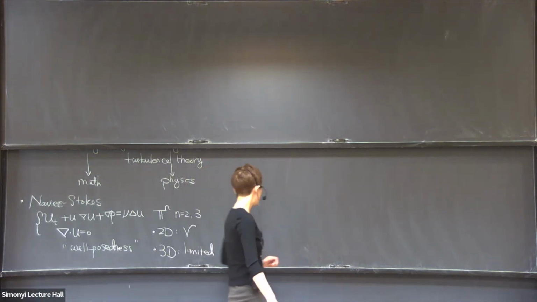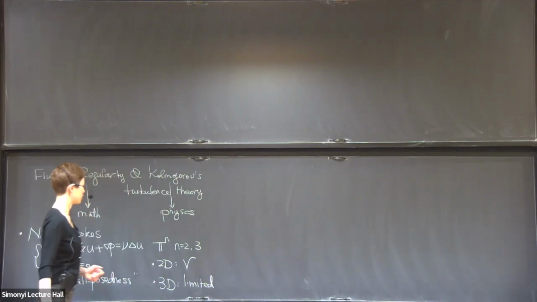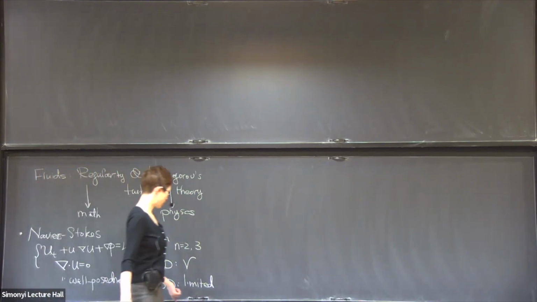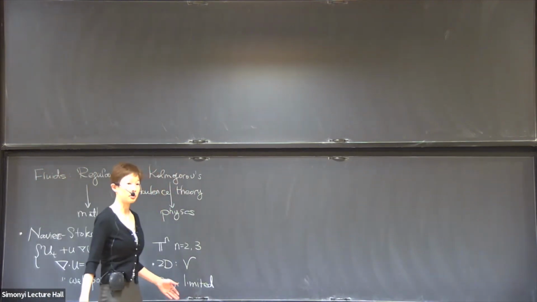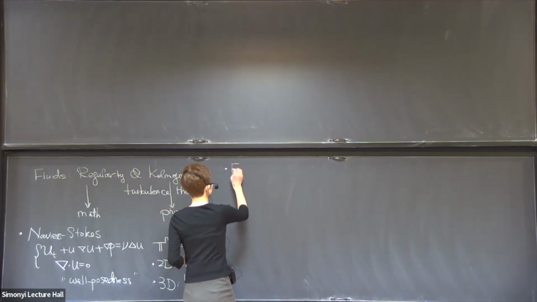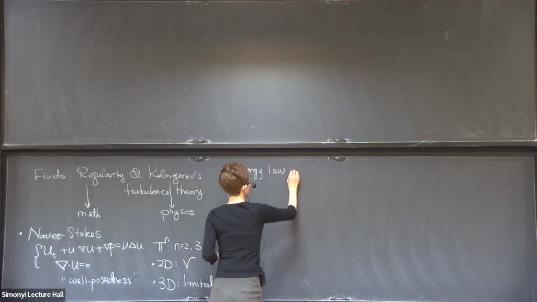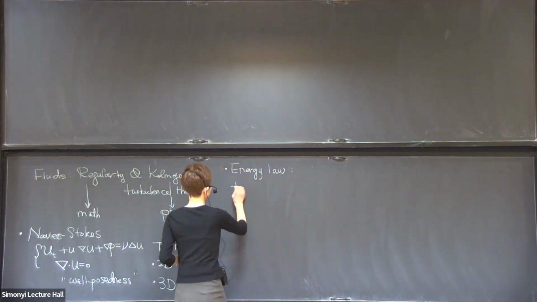Okay? And here I'm going to show you a very simple way to say why the 3-dimension case is much harder. Okay? 2 simple facts. One, it's the energy law satisfied by the equation.